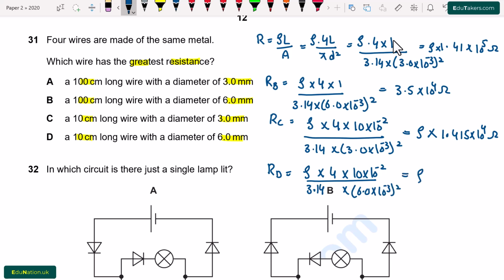It will be equal to resistivity multiplied by 3.53 × 10^3 ohms. So from all of these values, the resistance of the first wire is largest. Here is a factor of 10^5. So option A is correct.